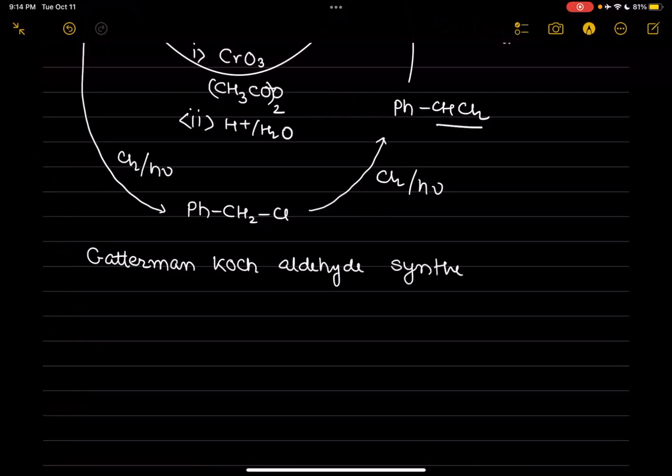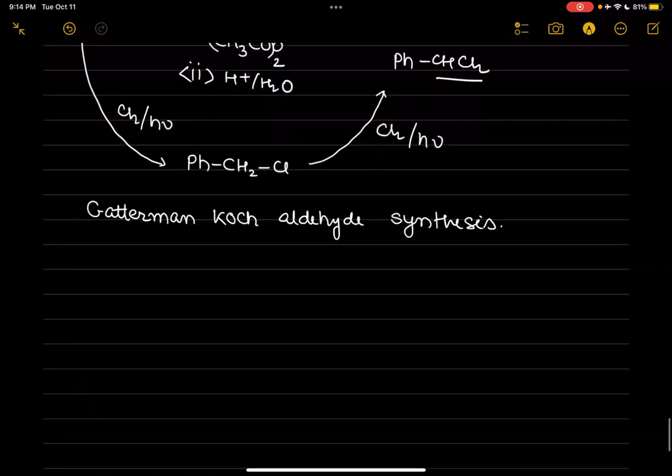Copper in the presence of the halide, Cu2H2O. No. That was not the method.